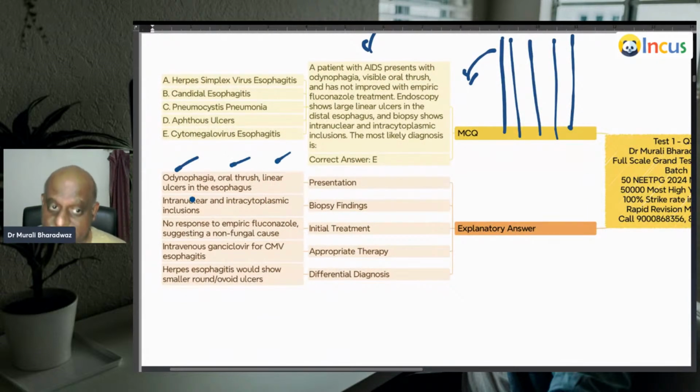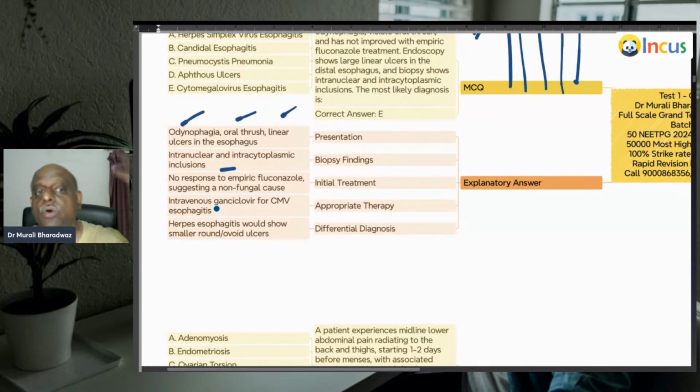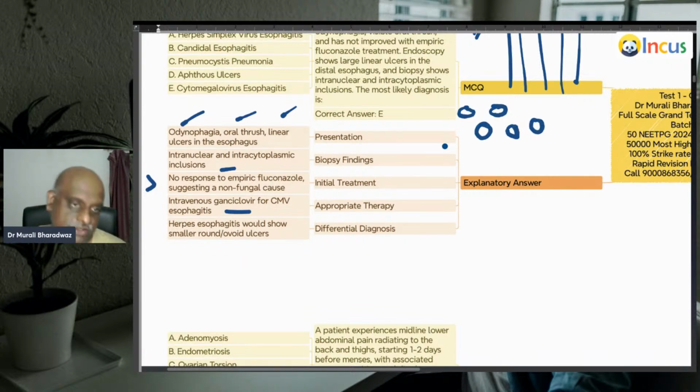Odynophagia, oral thrush, linear ulcers, intranuclear and intracytoplasmic inclusions, no response to empirical fluconazole. Think about CMV esophagitis. Intravenous ganciclovir is the treatment for CMV esophagitis. Why not herpes? Herpes esophagitis will show small, round, ovoid ulcers.